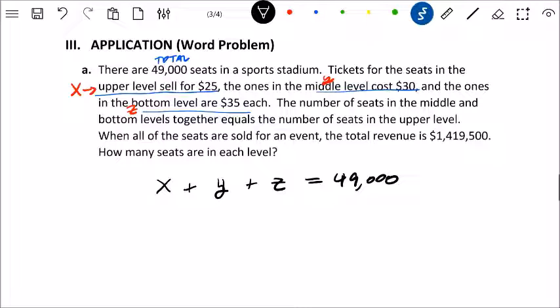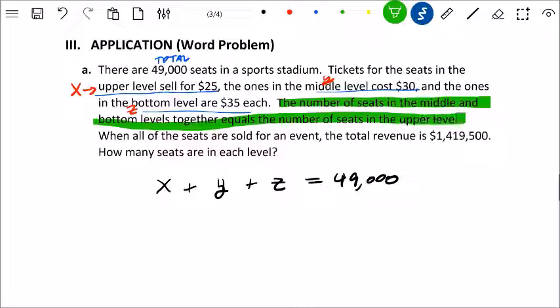And then next, I am going to look at the rest of the information to see how it helps me. Let's take a look at this line: the number of seats in the middle and bottom levels together equals the number of seats in the upper.